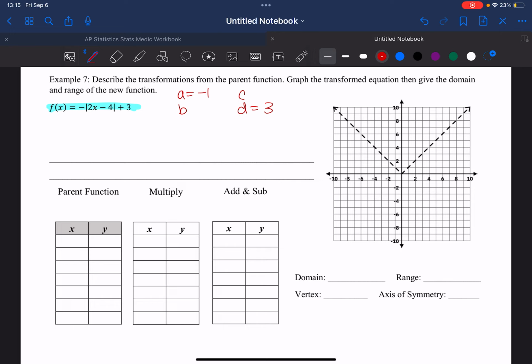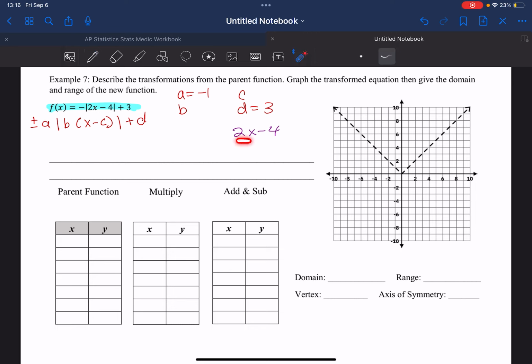Okay. Remember, when we look back, this is plus or minus A, absolute value B, parentheses x minus C, plus D. Okay? We are missing some parentheses there. So if we took our function, this 2x minus 4, we need to see what the GCF is that we can factor out. So again, we're jumping back to Algebra 1. Remember, greatest common factor, GCF.